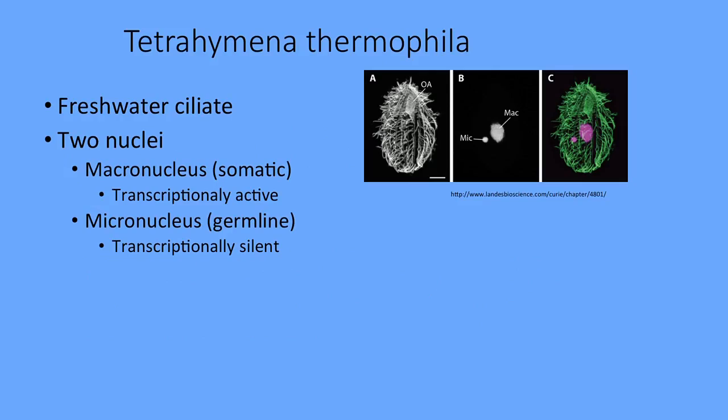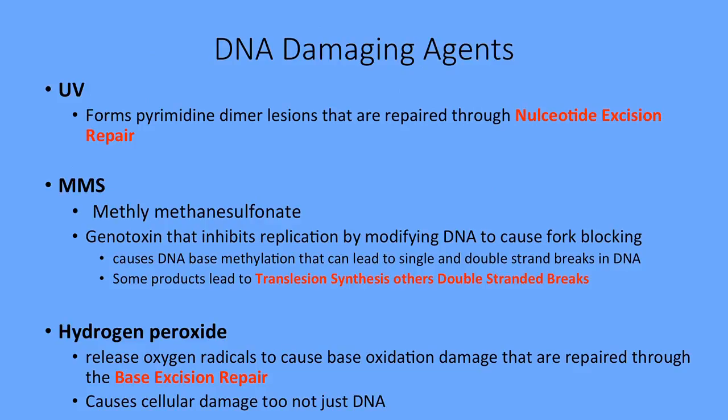I don't have to go into this too much, but why we use Tetrahymena: I used to do stuff in yeast in DNA repair, but that nuclear dimorphism really plays well, especially if you're studying silent DNA repair. So throughout my talk, I'm going to talk about damaging these cells and looking at different repair processes with 3 different damaging agents.